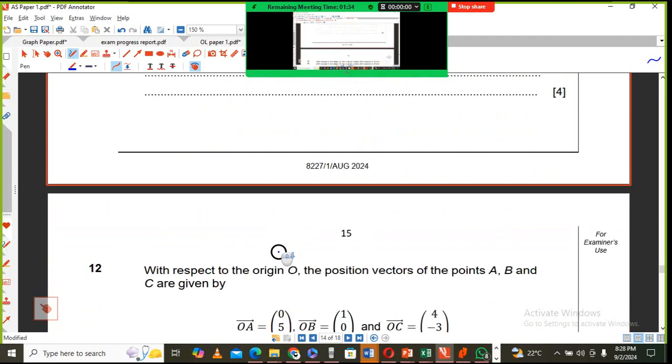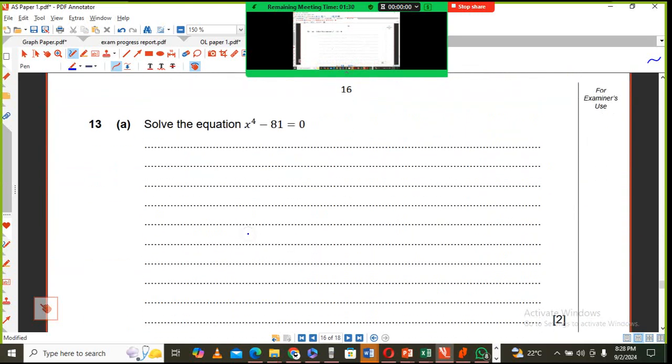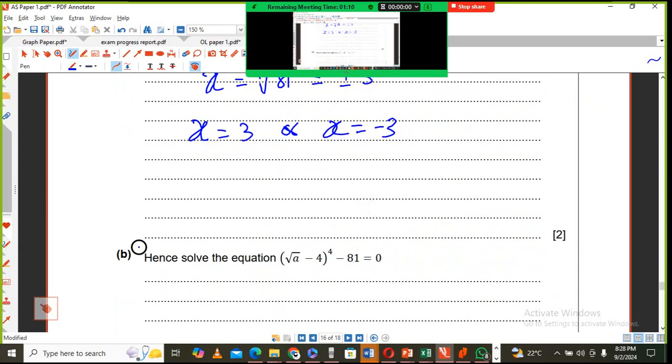Okay. The last one is in the textbook. Question 13. That one is x equals the fourth root of 81, which is plus or minus 3. Remember, this one I actually gave you in a test as well. Now here you must realize the relationship is x equals root a minus 4.